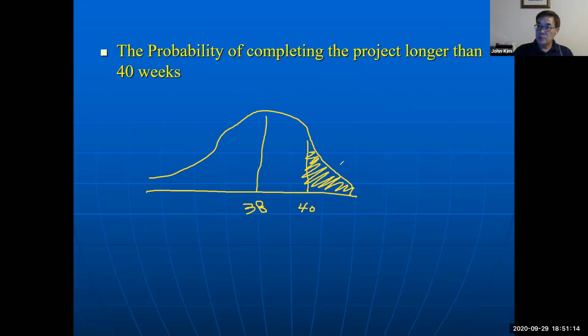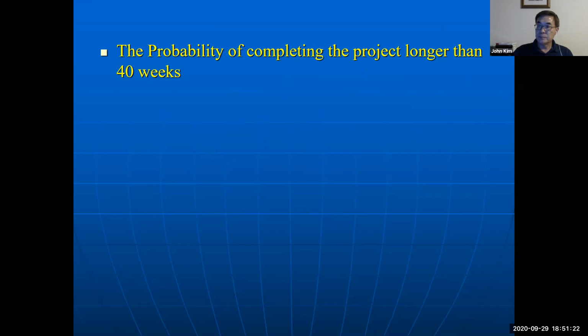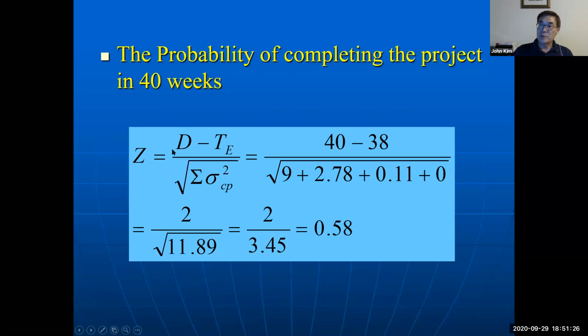So using the same formula, Z equals the desired 40 weeks minus 38 expected time, and then the same variance.